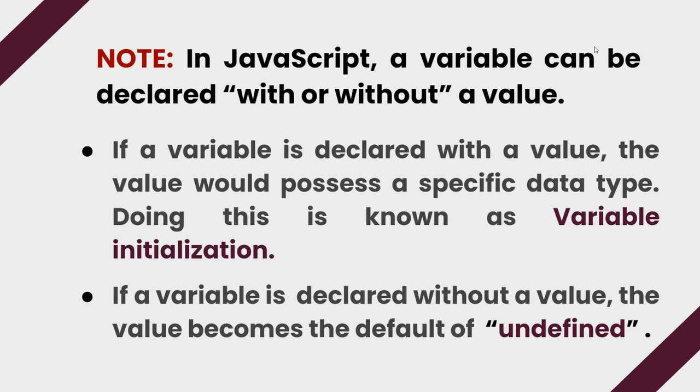And something to note here also is that if a variable is declared with a value, the value would actually possess a specific data type. So if you were to create a variable name and assign it probably a number like 2022, that 2022 actually has a specific data type.